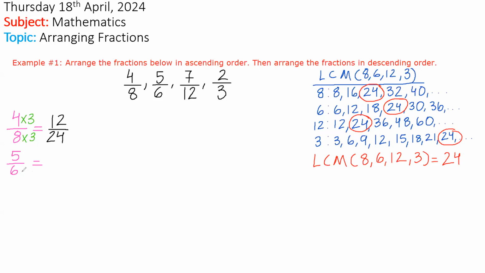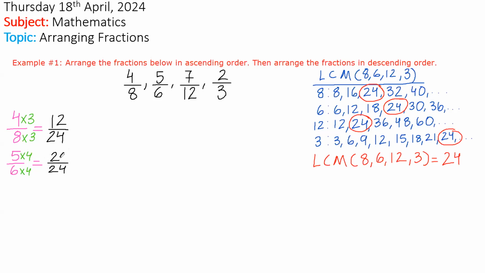Then we go into 5 over 6. What times 6 gives me 24? 4. Very good. And whatever I do to the bottom, I must do to the top. 6 times 4 is 24, and 5 times 4 is 20.